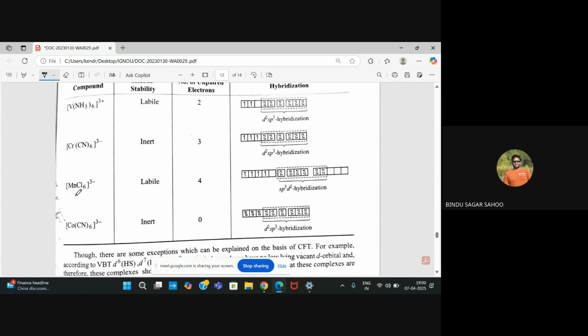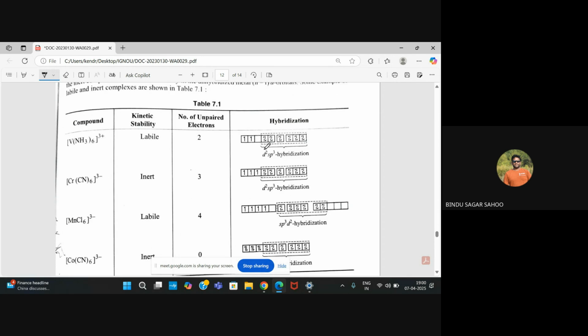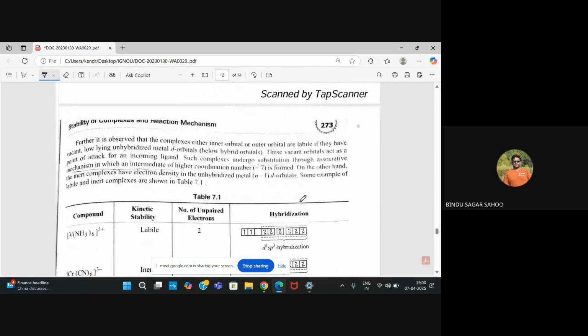But in the MnCl6 3- manganese hexachloride complex, the outer d orbitals are utilized, because the inner d orbitals are not available for hybridization. Here the d orbital is 4d, and this one is the 3d orbital. When a complex utilizes its inner d orbitals, it is an inner orbital complex, and the other is an outer orbital complex.